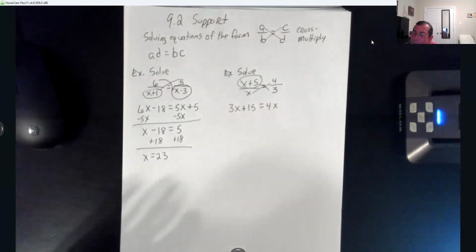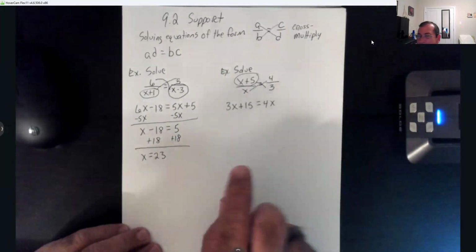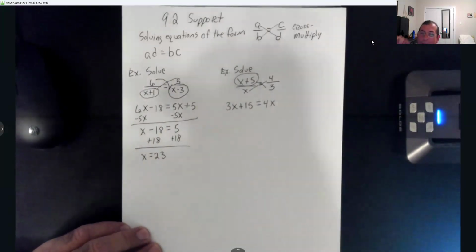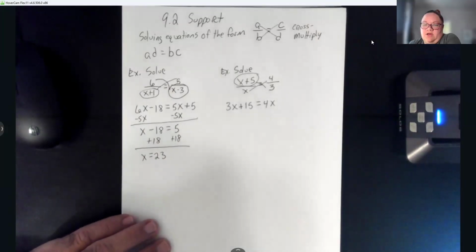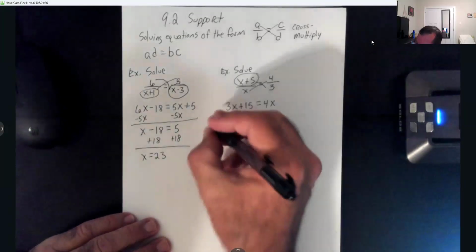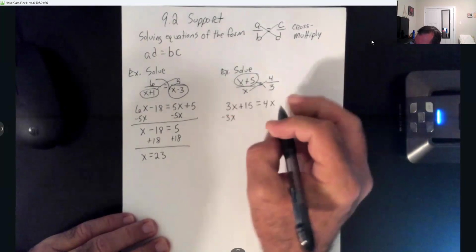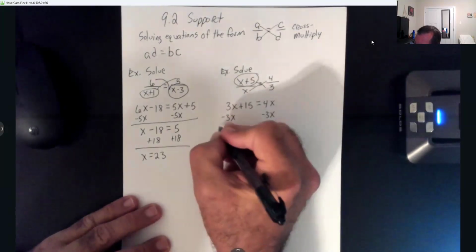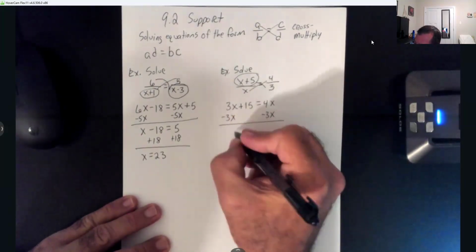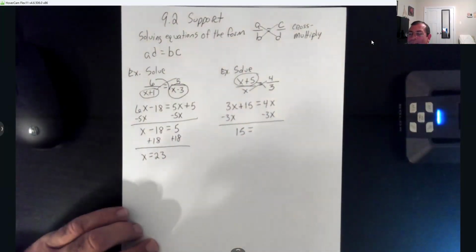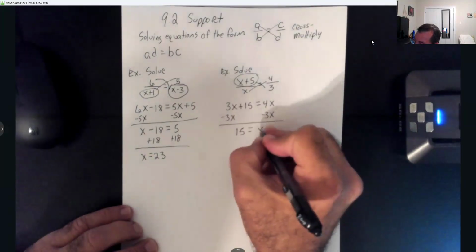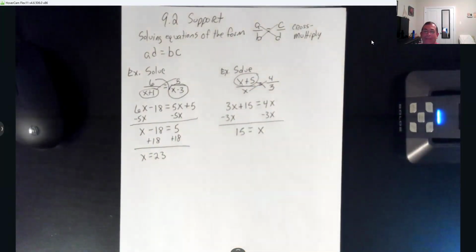Now, I'm not going to lie. The way it looks is a little tricky, but there's one move. If you do one move to this, you'll be done. You just subtract 3x. So that cancels, leaving me a 15 on the left side. But look at that right side. 4 minus 3 is 1x.